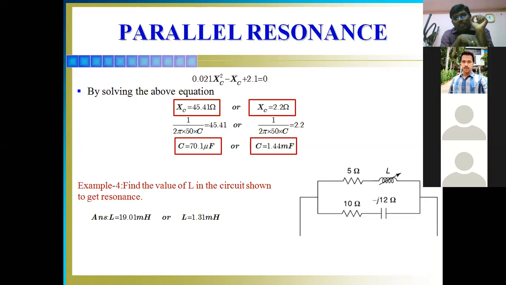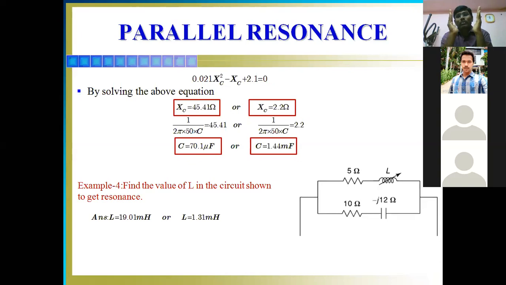For that particular frequency, there is a possibility of producing resonance for more than one capacitance value, that you remember.